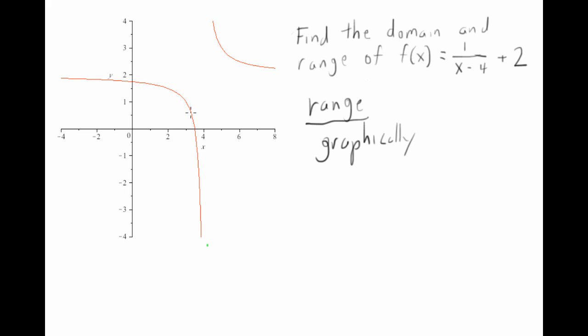But the way we think about it is we go to the function and ask, what y values do I get out? What outputs do I get out? Notice that in this case, we're always moving over, left or right, as opposed to up or down.